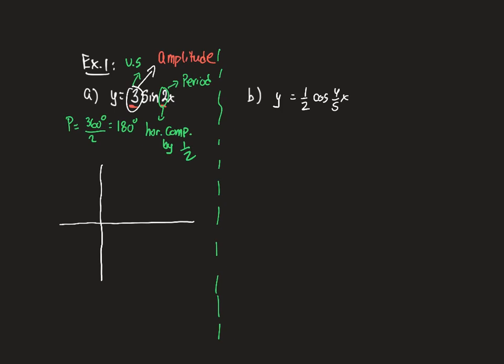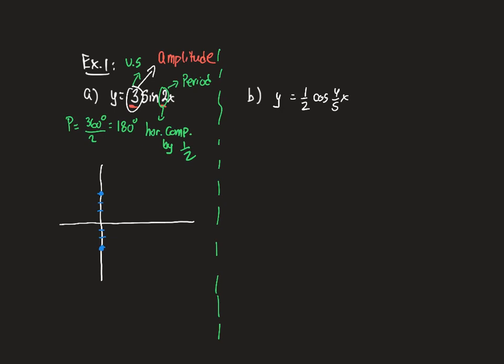All right? So if my amplitude is 3, that means my max is 3. That also means my minimum is -3. So if my amplitude is 3, that means 1, 2, 3, that's my max. 1, 2, 3, that's my min. Okay? I do know it goes in periods of 180 degrees.